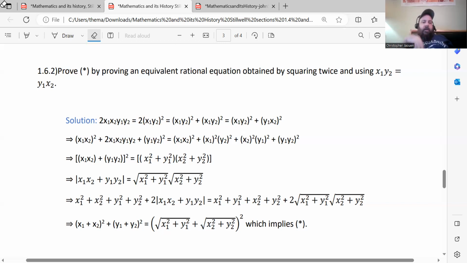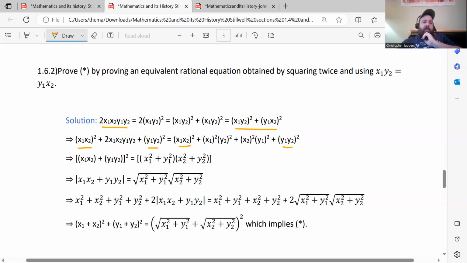So here, if you add this to both sides of the equation here, you get on the left hand side x1 x2 squared plus 2x1 x2 y1 y2 plus y1 y2 squared is equal to x1 x2 squared plus x1 squared y2 squared plus x2 squared y1 squared plus y1 y2 squared.